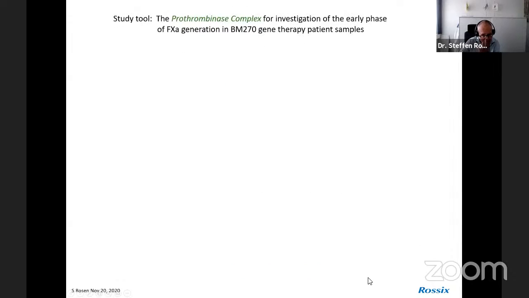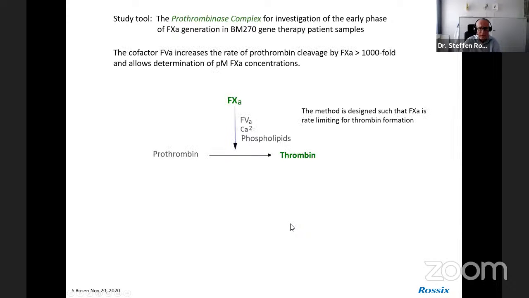Well, I decided to use a prothrombinase complex for an investigation on the very early phase of ten-ase generation in gene therapy patient samples from the BioMarin case. In this prothrombinase complex, as you know, factor 10A is the enzyme that cleaves prothrombin and generates thrombin in the presence of 5A, calcium, and phospholipids.